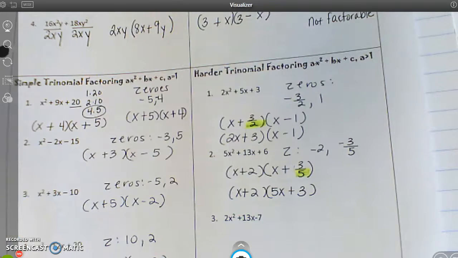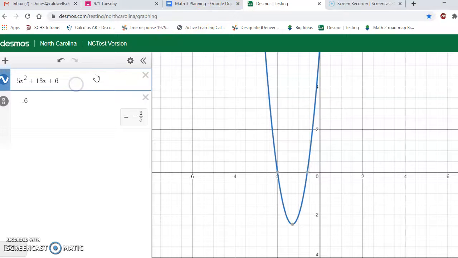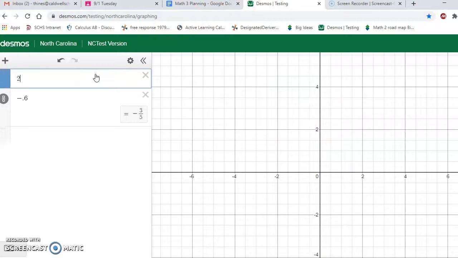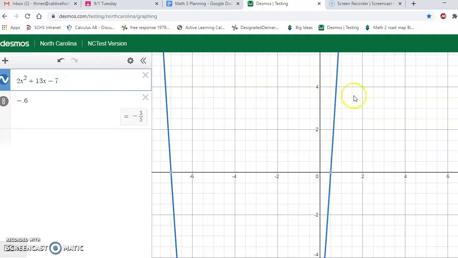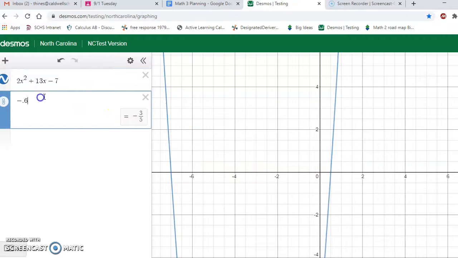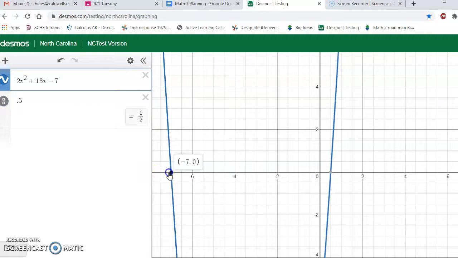Okay, let's go ahead and graph 2x squared plus 13x minus 7. Alright, that's 0.5 and negative 7. You probably know 0.5, but if you don't, you remember you can put it here and change it to a fraction. So I know it's 1/2. Like I said, you probably knew that one, but anyway.